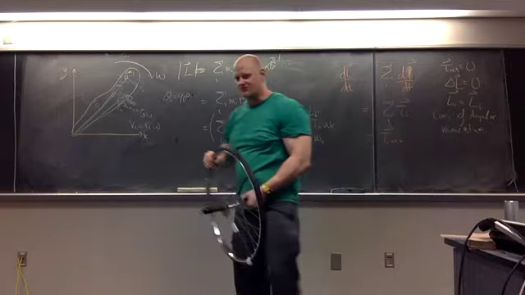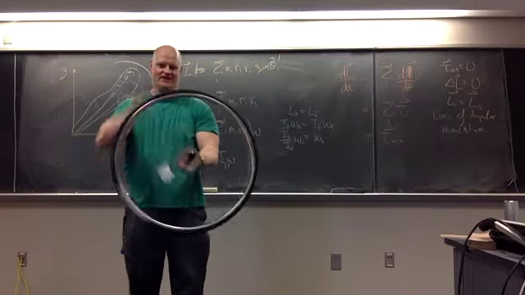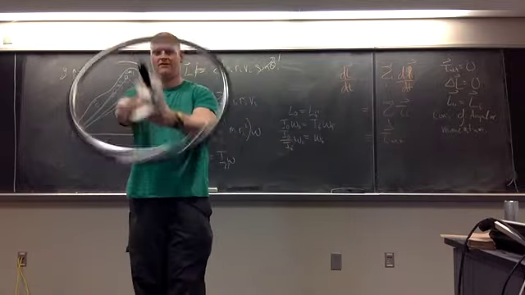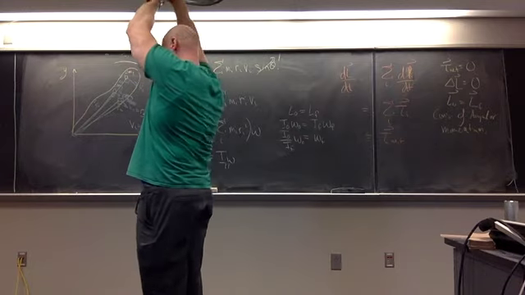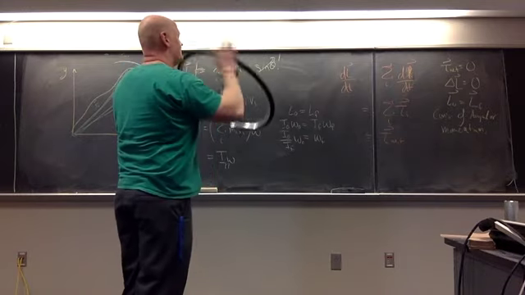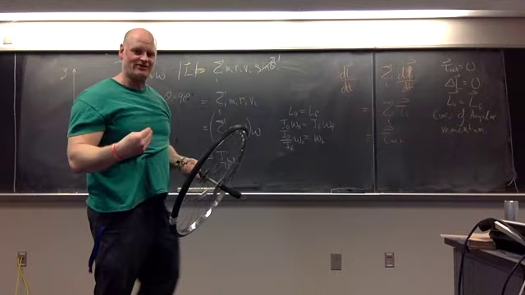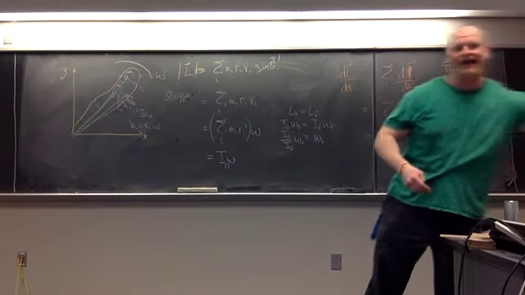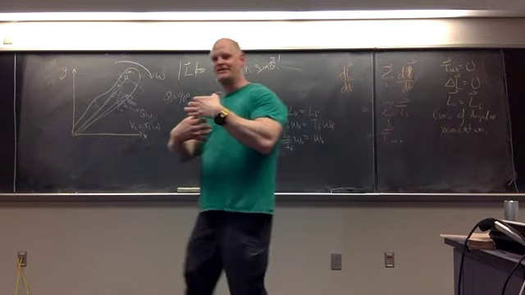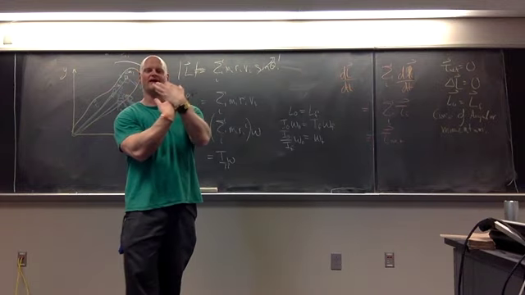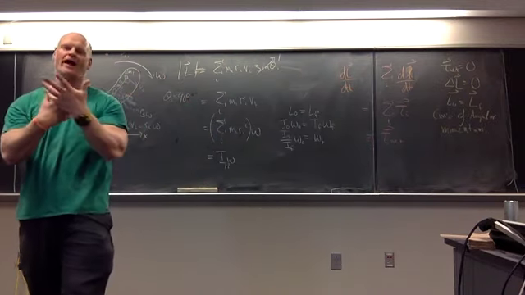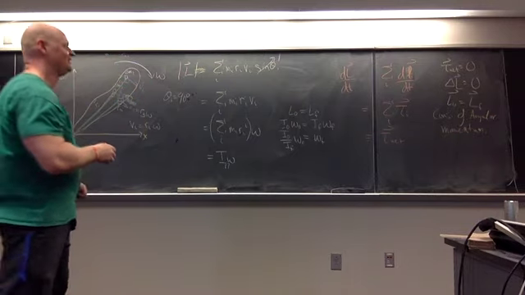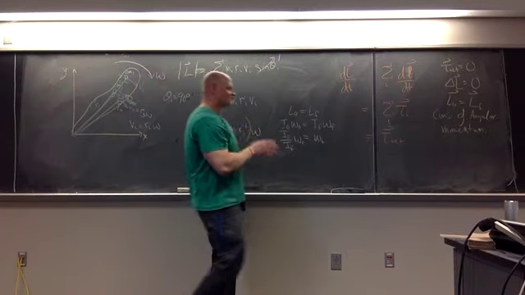So the reason I start to rotate around is to preserve the fact that initially I had 0 angular momentum along my vertical axis. So now I need to also rotate in the opposite direction so that these two things rotating in opposite ways have 0 angular momentum finally. So this is what we call conservation of angular momentum.